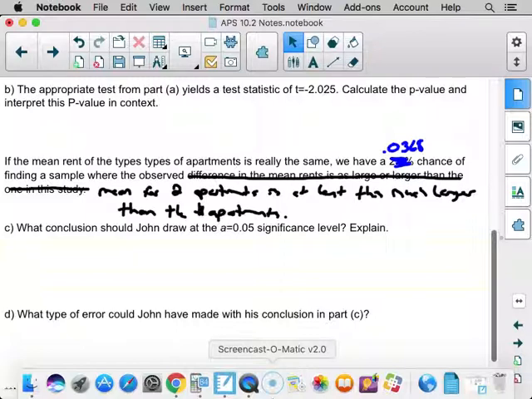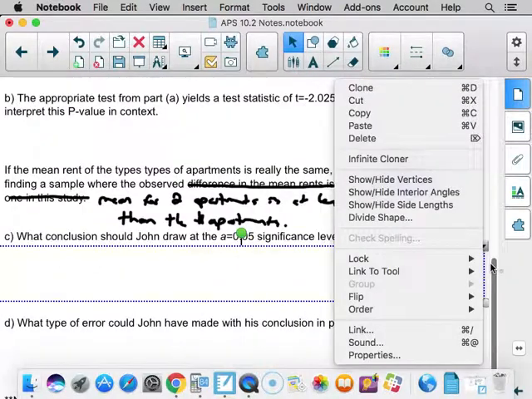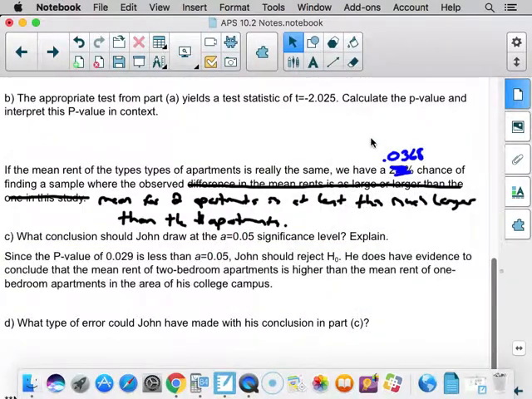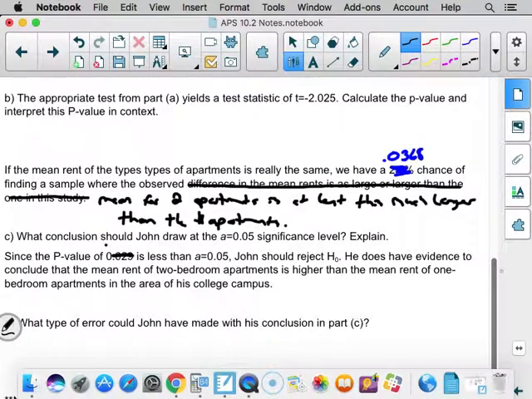All right. What conclusion would be drawn? You would reject the null. Again, this one is a little bit off from what we got.